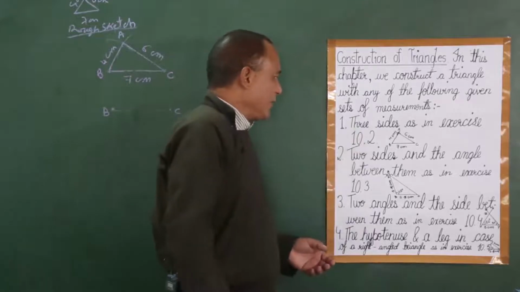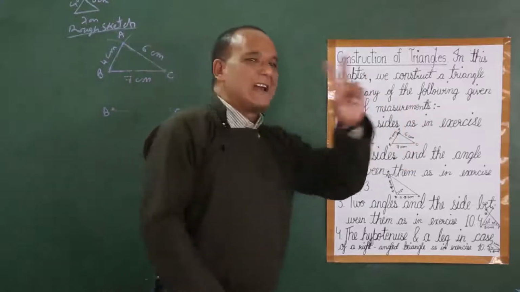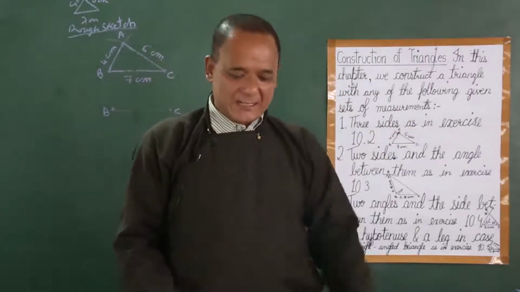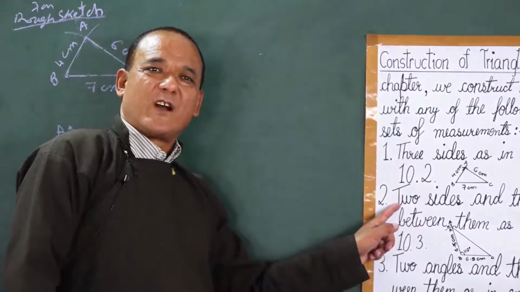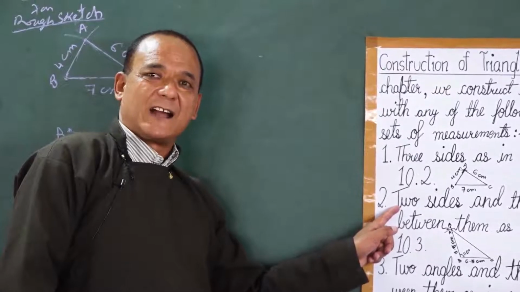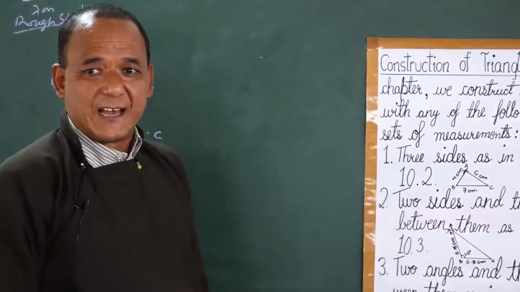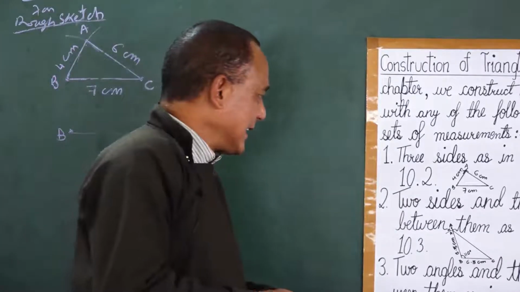So this is what I explained to you about number 1. Now coming to number 2, what happens? In number 1, there is only one combination, 3 sides, nothing else. But when you come to number 2, we might have certain kind of confusion here, because there are so many combinations, so many criteria.